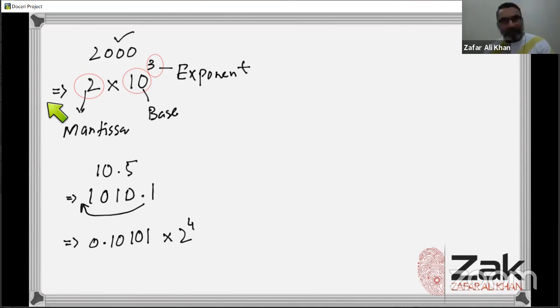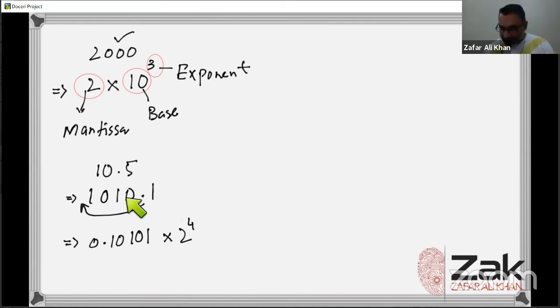Similarly, over here in this binary standard form representation, the exponent is positive 4. So we will move this point 4 places towards the right, 1010.1, and we will remove this exponent part.